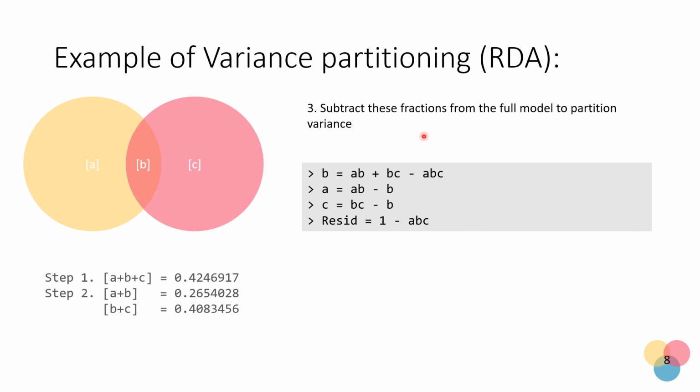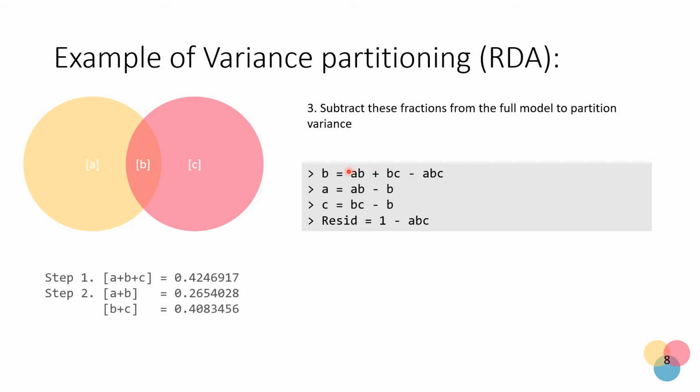So now we have all the values that we need to do some basic algebra to extract the individual variance of fractions A, B, and C, so they're not combined in ABC, AB, or BC. First we calculate B by adding AB and BC together. So we add this circle to this circle. And what you notice is we have 2 B's if we add that twice.